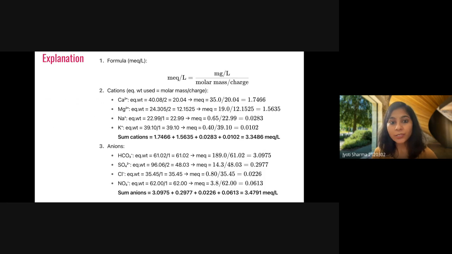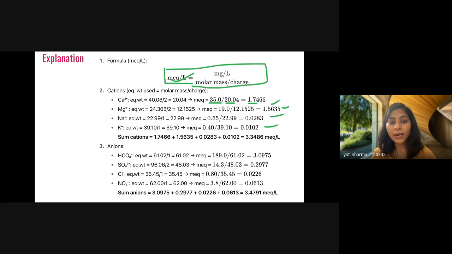What we need to do is calculate that into milli equivalent per liter. And how can we do this? As I told you, this is the mg per liter divided by molar mass upon charge. So this is how we calculate milli equivalent per liter of calcium, magnesium, sodium, potassium.